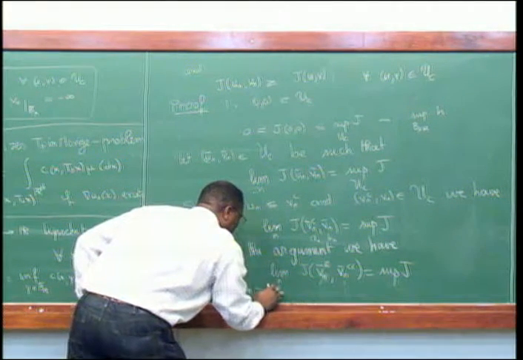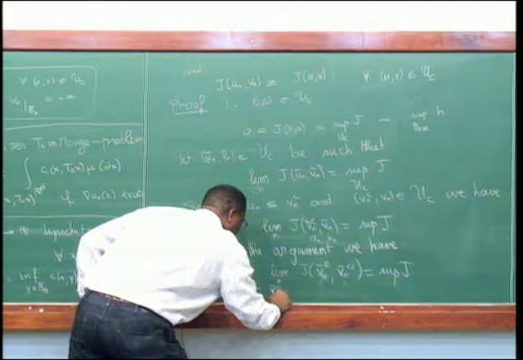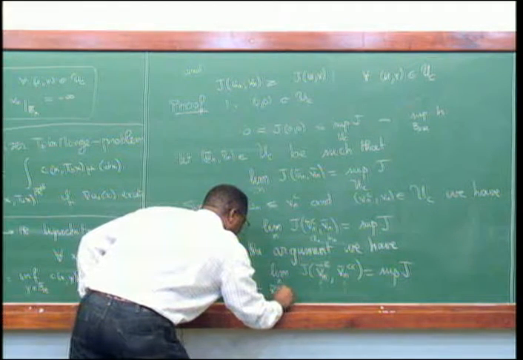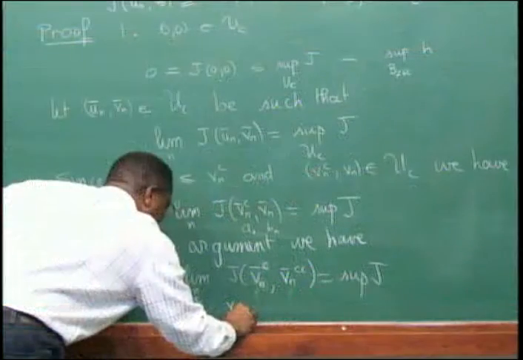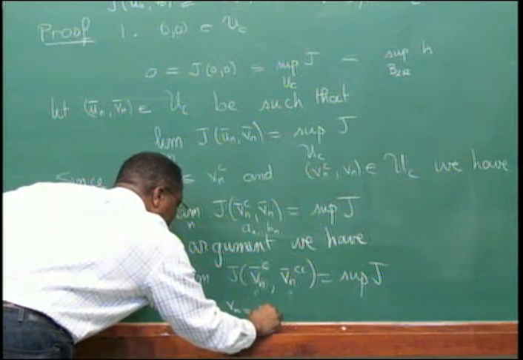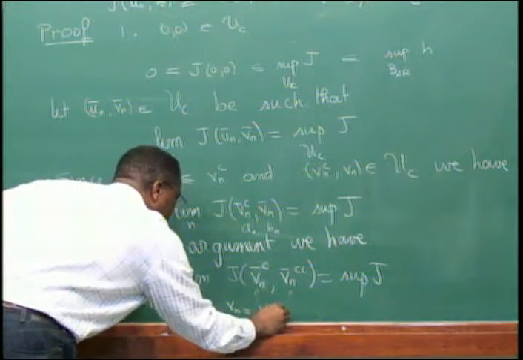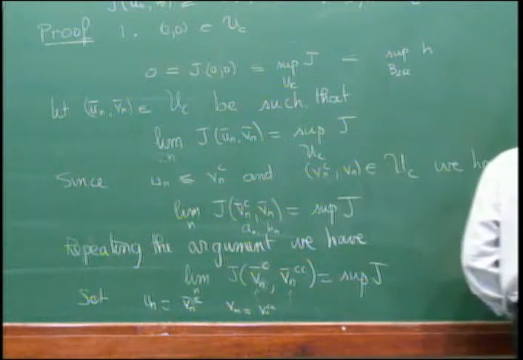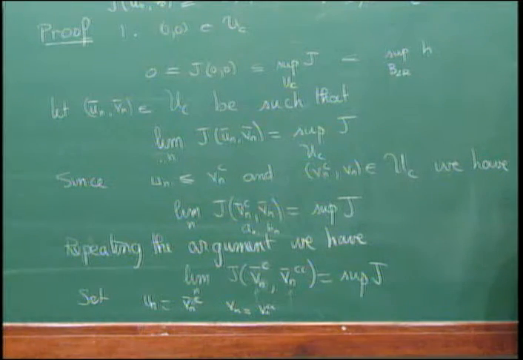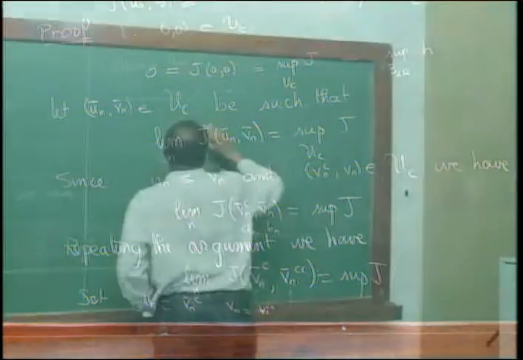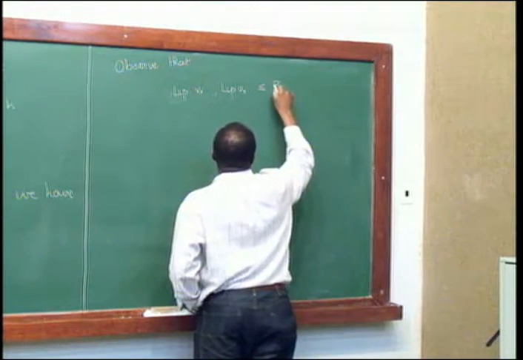Set un to be vnc, and vn to be vncc. Observe that the Lipschitz constant of vn and the Lipschitz constant of un is less than R.